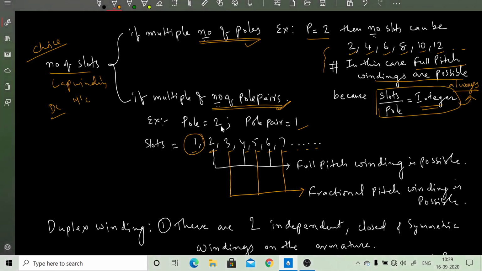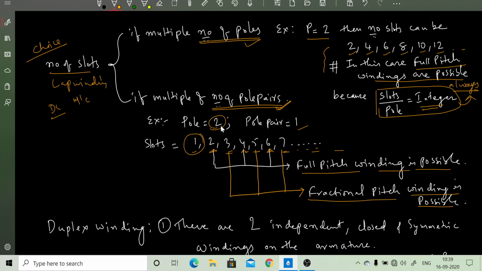Now 2, 4, 6, 8 and so on, number of slots on the armature for a two pole machine will give a full pitch winding on the armature, and 3, 5, 7, 9, 11, odd number of slots on the armature, will give us a fractional pitch winding on the armature.